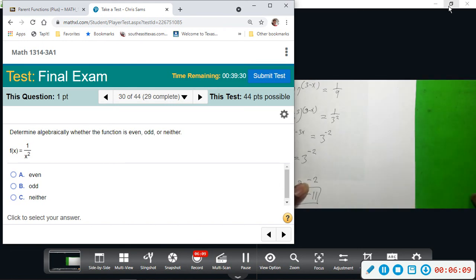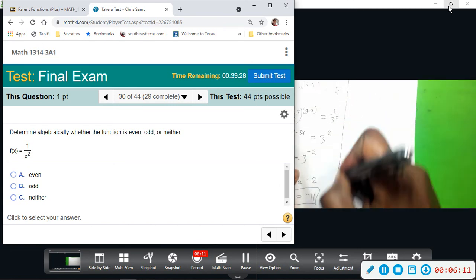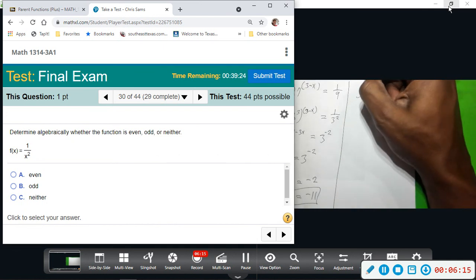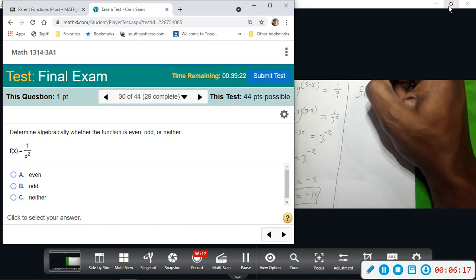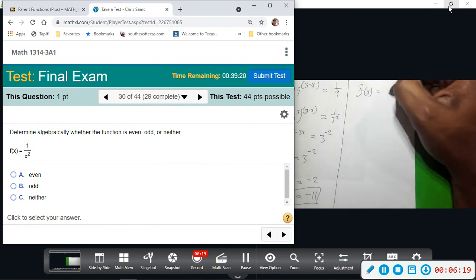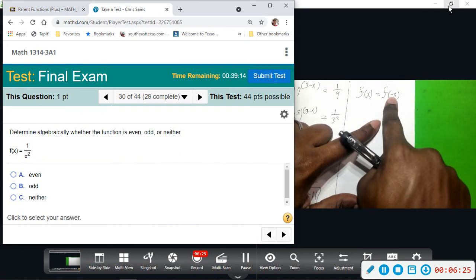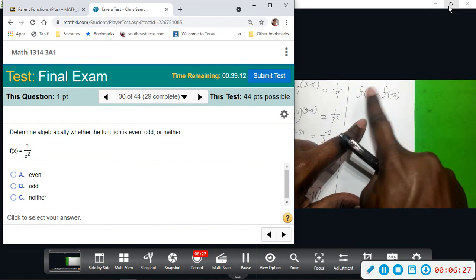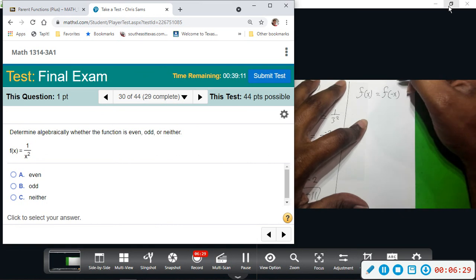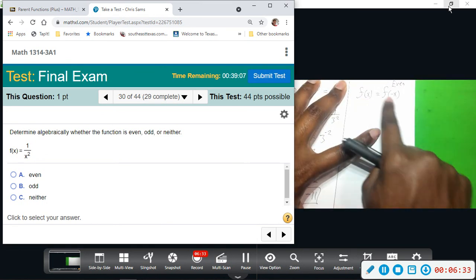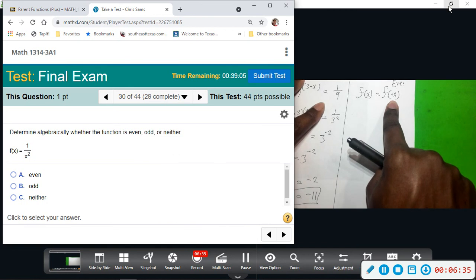So the way you determine even, odd, or neither, you do f of x, and you set it equal to f of negative x. So if you remember, negative x flips across the y-axis. This refers to as even. So if these two expressions are the same, then the function is even.